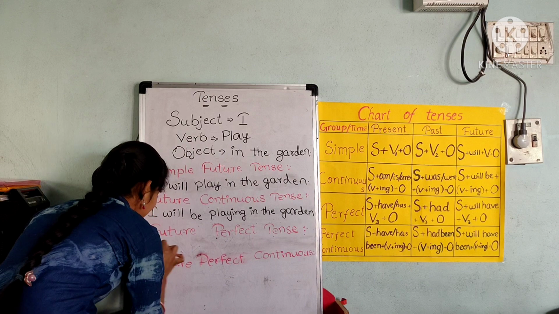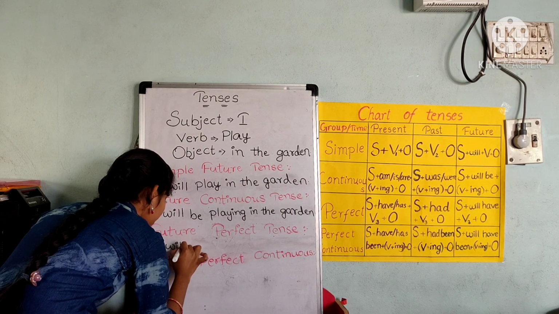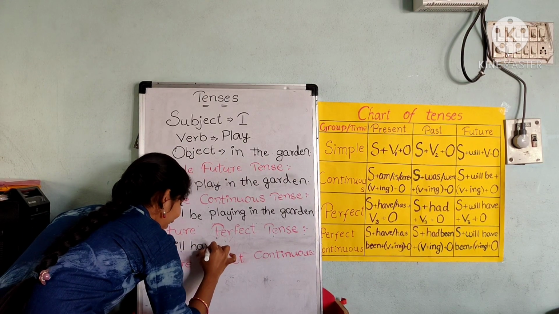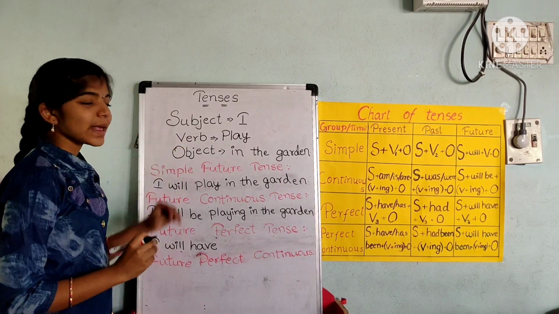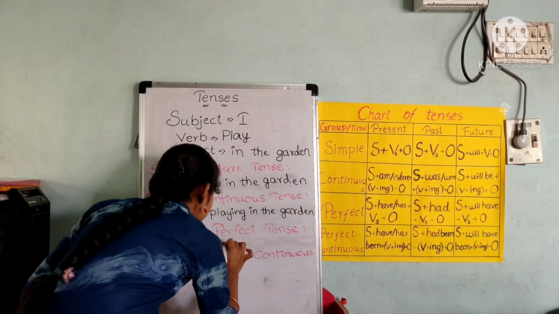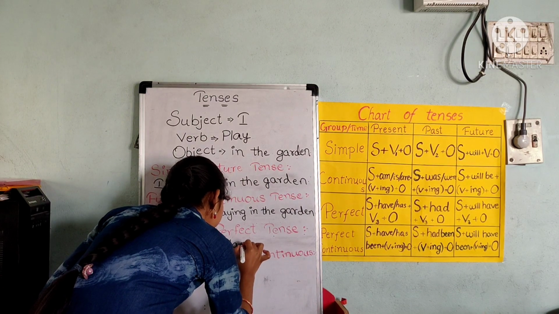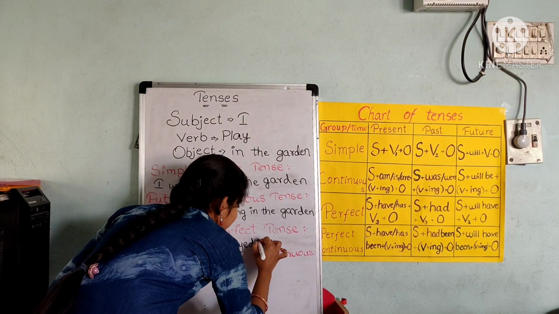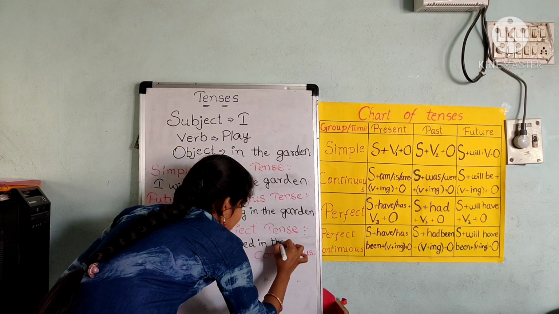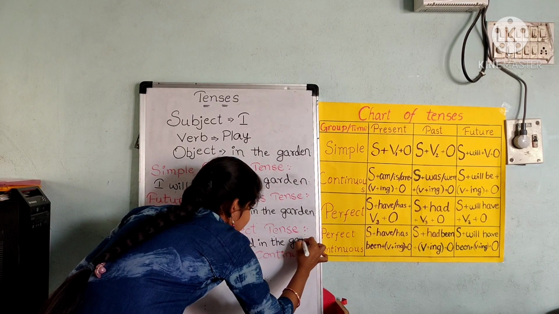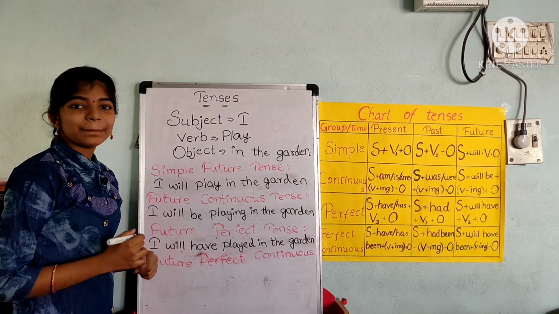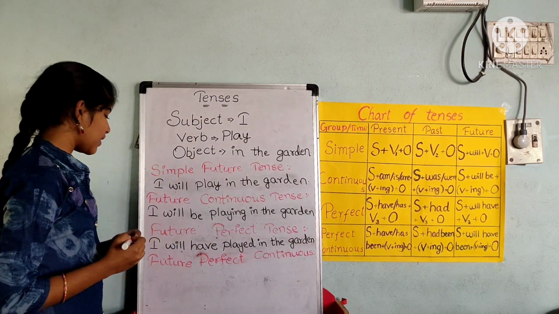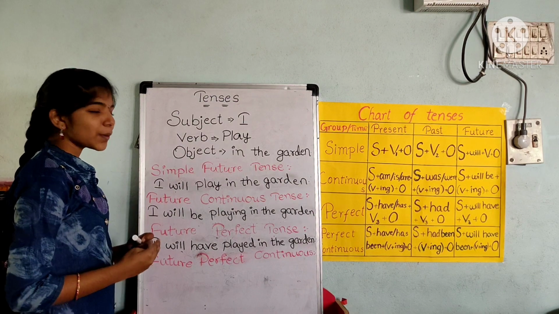Subject is I and will have, and third verb form for play is played. And object is in the garden. I will have played in the garden is an example for future perfect tense.